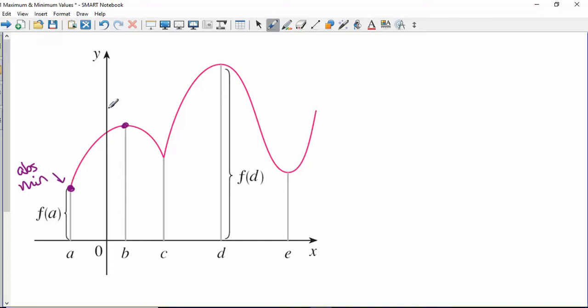What would this one right here be? Local or absolute? Local max. It's not the highest on the whole graph, but it is higher than the points on either side of it. What about this one? Local min.